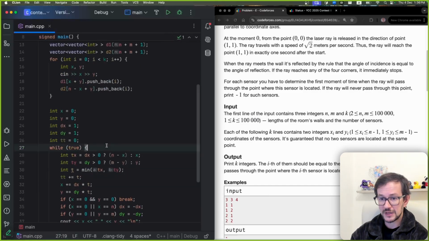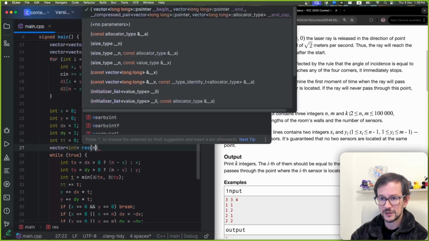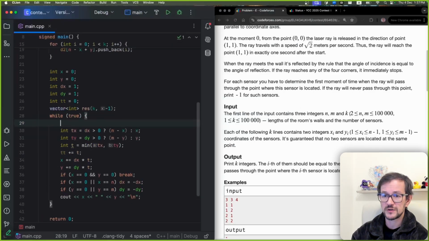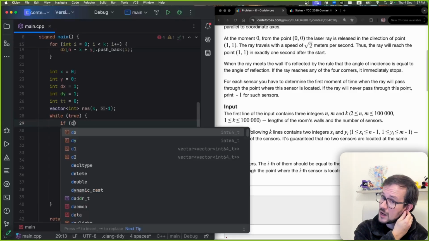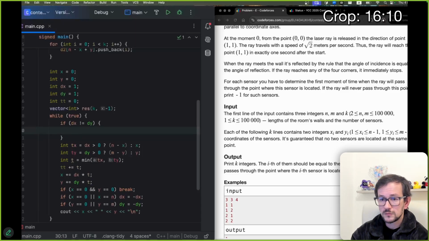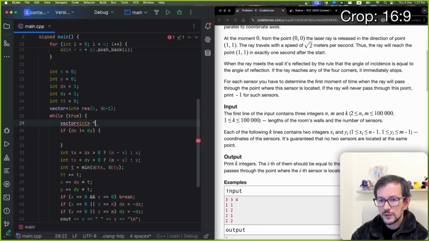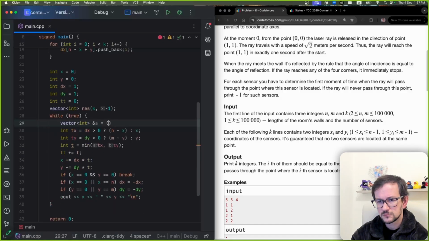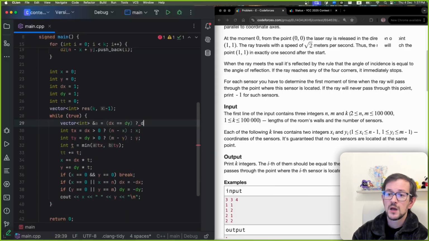Now we need to measure time, so I count how much time I spend. Okay, now I have an array for results. Now I will iterate over all sensors I hit and fill the results for them. Okay.